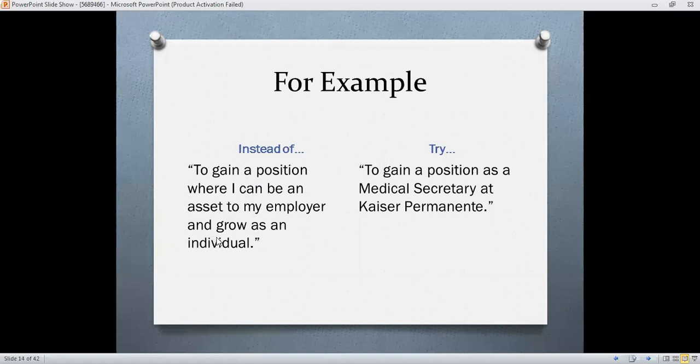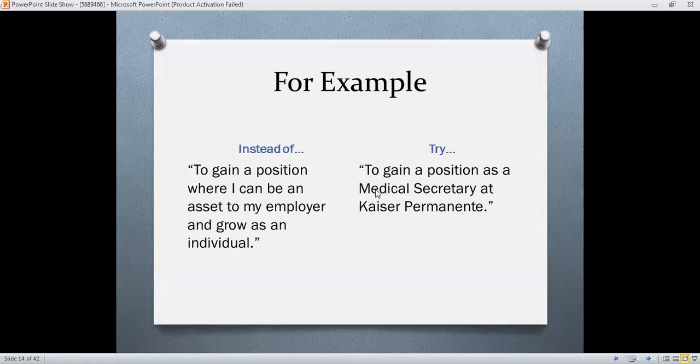Okay, so we can skip this sentence and make this the career objective: to gain a position as a medical secretary at Kaiser Permanente. This is the company name.